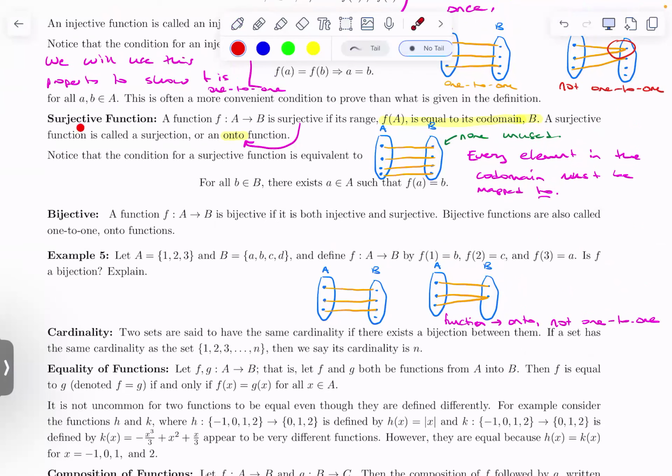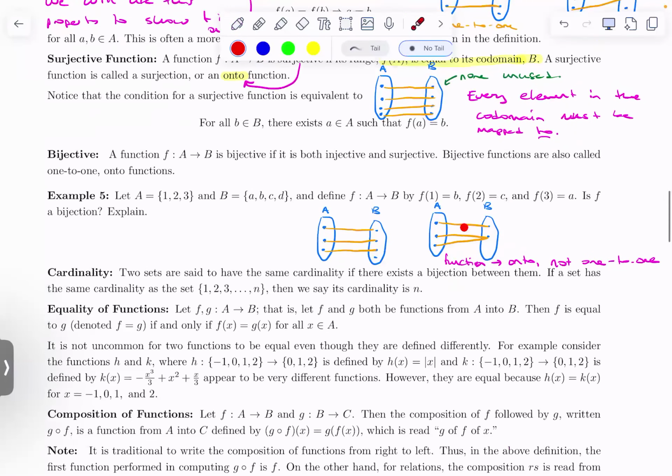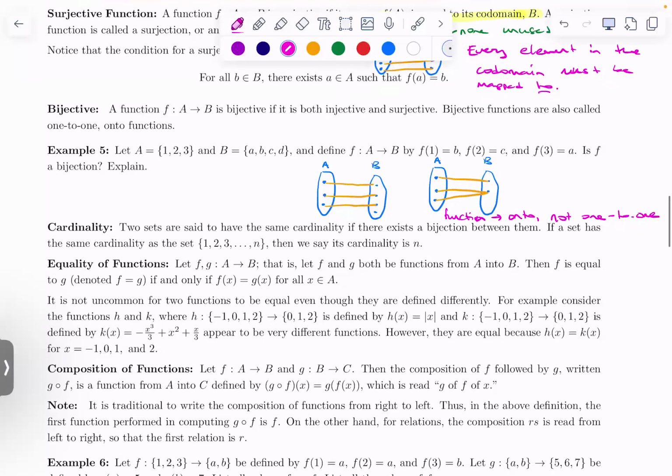You guys are so good using the proper terminology. Just use one-to-one and onto. So yeah, this one is surjective, but it's not injective. And this one is one-to-one. So this is a function.